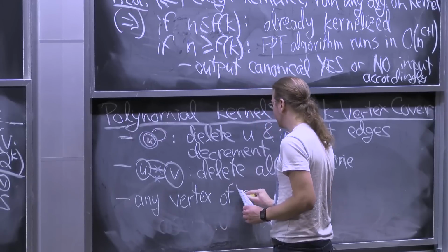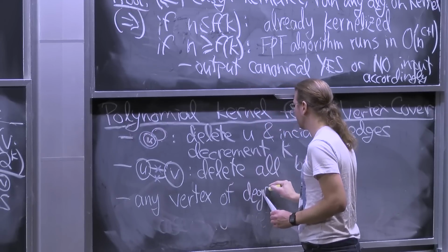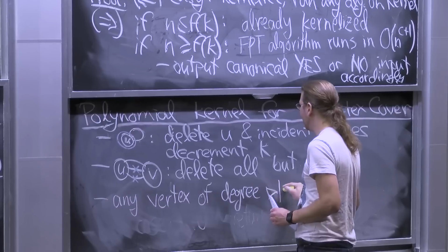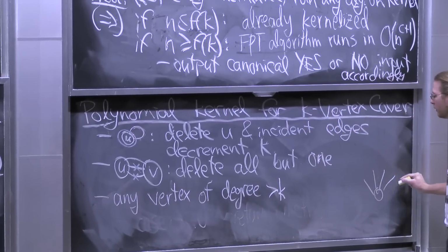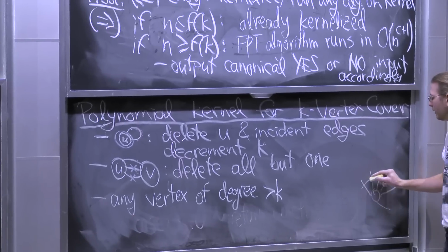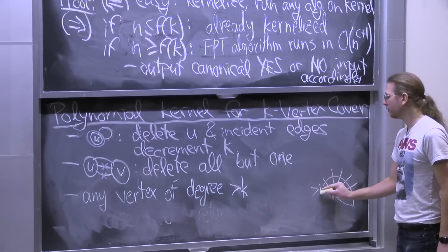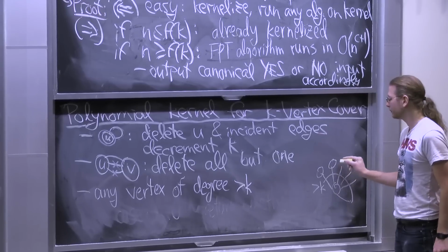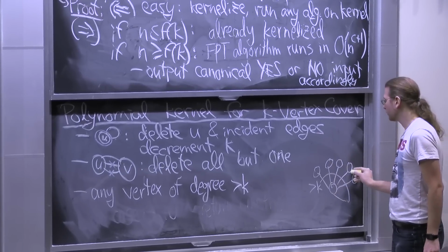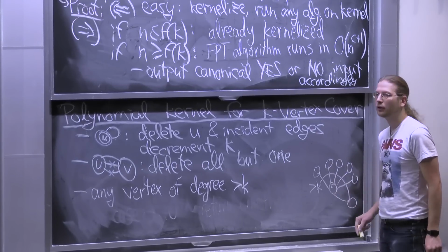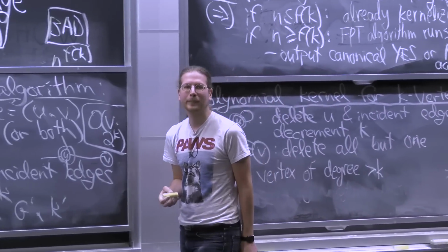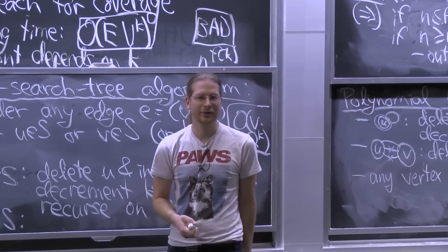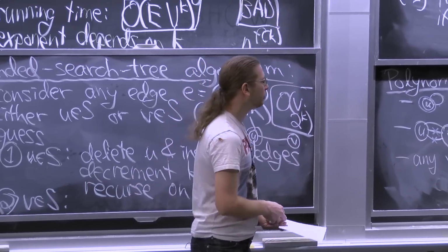Next thing I want to think about is a vertex of degree greater than k. k is the current value of k. So suppose I have a high degree vertex, more than k edges outgoing from it. What can I say then? You must put it in the cover.